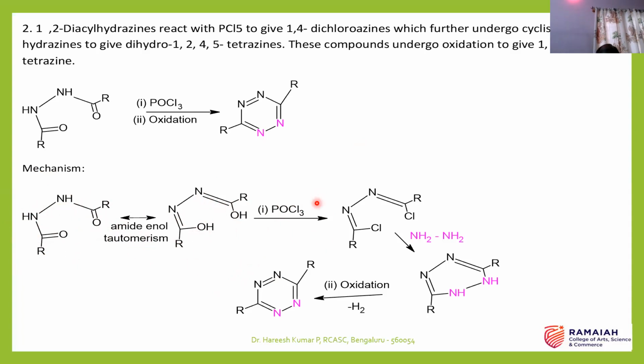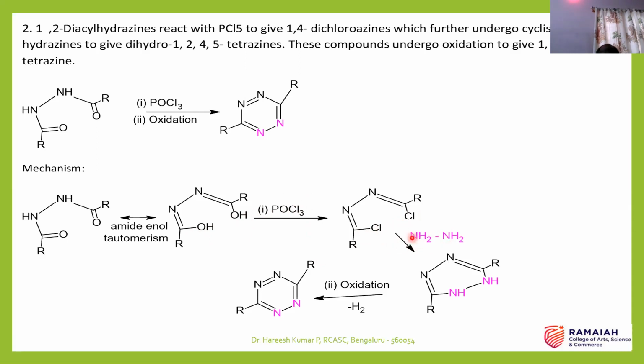And this one, when it is treated with phosphorus oxychloride, a chlorinating agent, will convert the hydroxy group into chloro. That's what I have written here. Once the chloro is obtained, it's a leaving group, and this chloro is replaced with amino because it's a nucleophile.